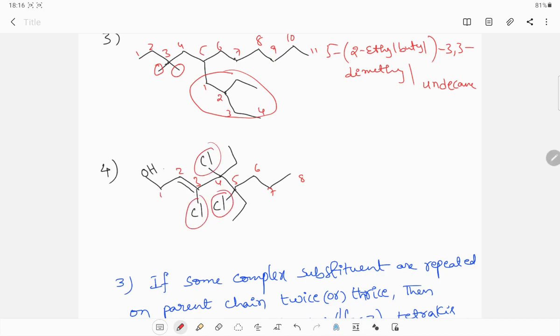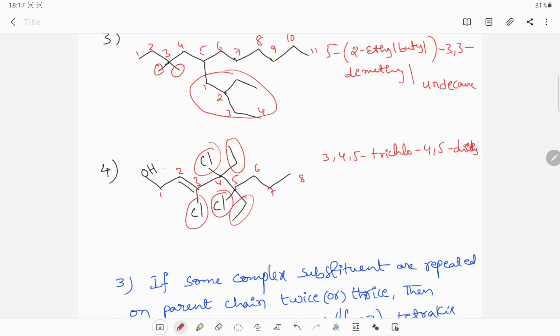Total 3 chlorines are there, so that's why 3, 4, 5 trichloro. Here no complex substituents. And 4, 5 diethyl. These are the ethyl substituents.